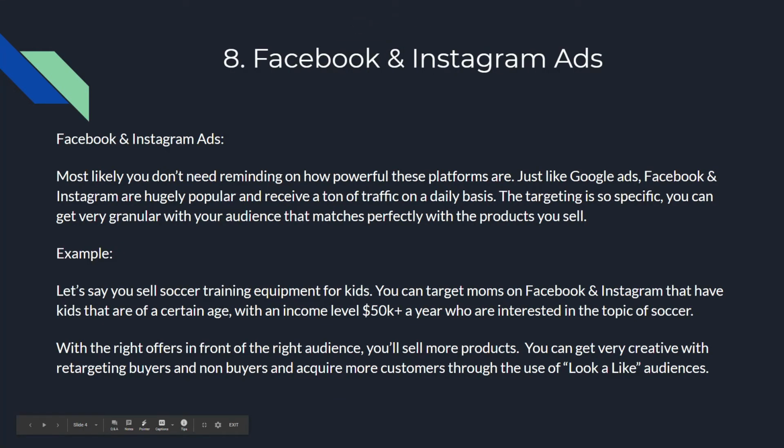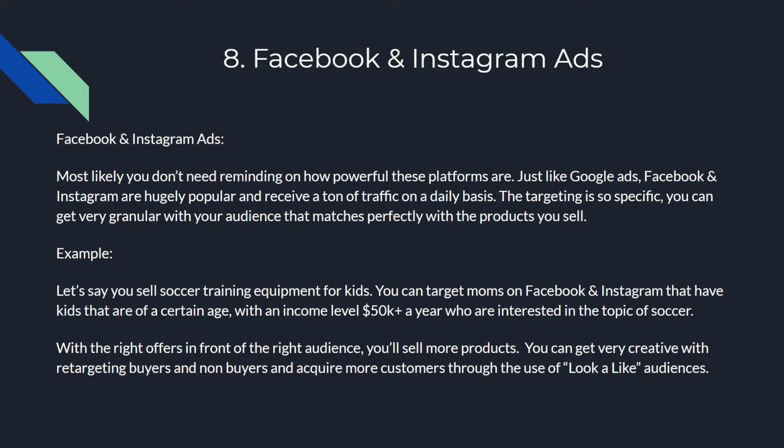Okay guys, next up on the list is Facebook and Instagram. Most likely I don't need to remind you of how powerful these platforms are. Just like Google Ads, Facebook and Instagram are hugely popular and receive a ton of traffic on a daily basis. The targeting is so specific, you can get very granular with your audience so that it matches perfectly with the products you sell. To give you an example, let's say you sell soccer training equipment for kids.